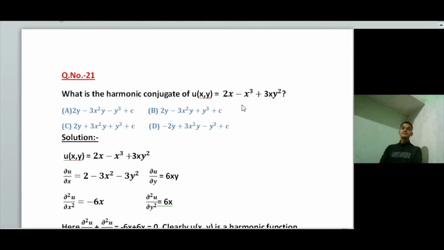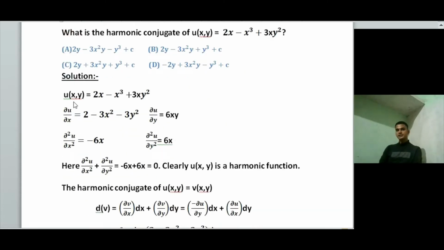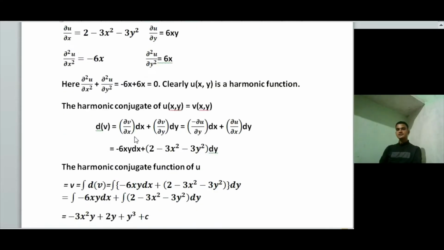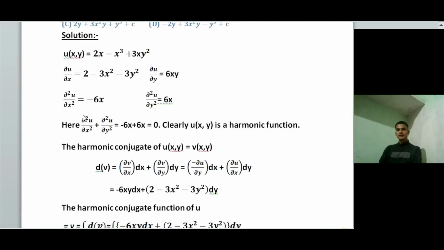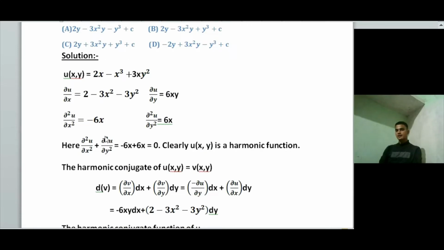Okay, so here first we have to check whether this function u satisfies or doesn't satisfy the Laplace equation. So this is u(x,y), and this is the Laplace equation: del square u by del x square plus del square u by del y square equal to 0.